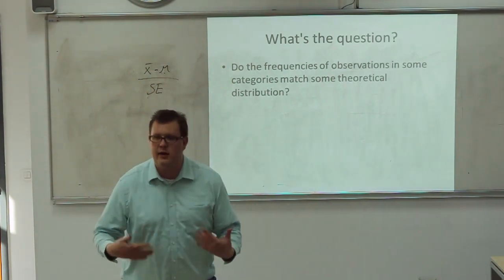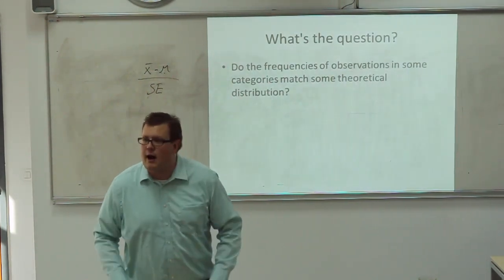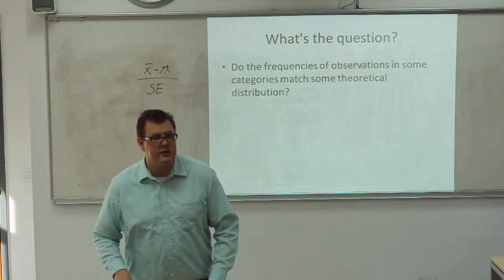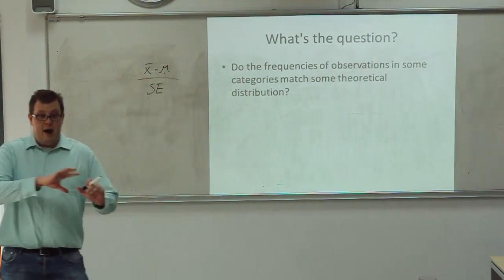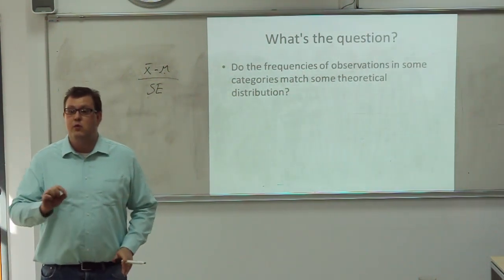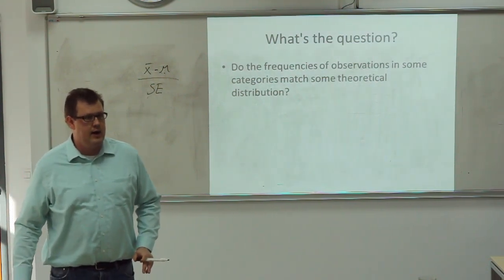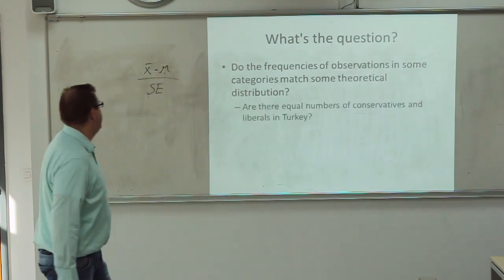And then we flip coins and we gain our observations. And we use the binomial test to figure out whether or not the observations that we had were sufficiently different from what we would expect to have. So we're going to be doing something very, very similar here.